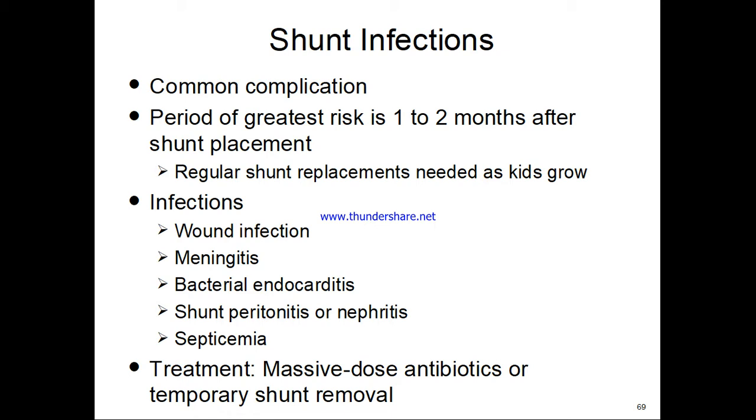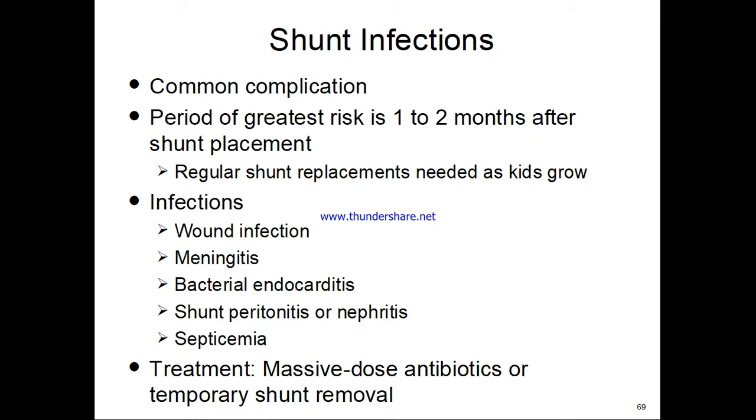Shunts need replaced regularly as kids grow, to accommodate their growth, but also because a lot of times new obstructions develop along it. And so regular replacements, or shunt revisions, are done. And this is when they have the greatest risk of getting a CSF infection from the shunt.